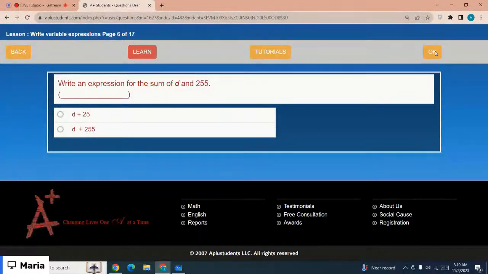The correct option is, yes, that would be D plus 255, right? Write an expression for C more than 22. So which is the correct option?